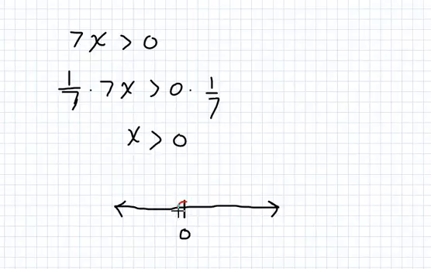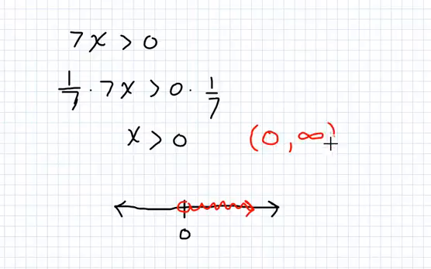So I'm going to just put an open circle here, meaning we don't include the 0, but it's everything greater than 0. And if we were to write this in interval notation, we would write it just like such. Remember, this parenthesis says that we don't include the 0 here.